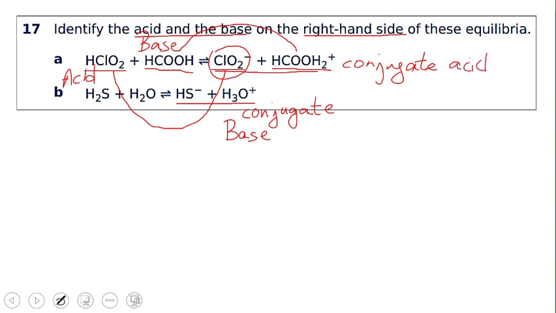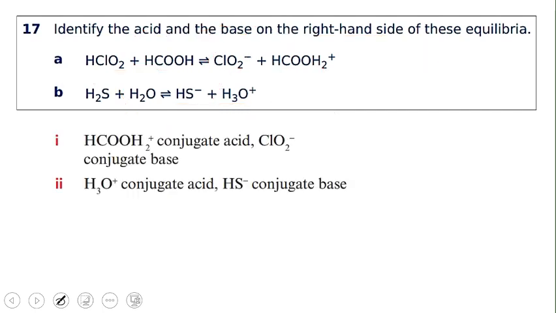So that's how we can easily identify the acid and base on the right side of the equation, and these will be known as conjugate acid and base. We can check only if we know which thing is behaving like an acid and base on the reactant side. Same way, we can check for the second equation as well. And here will be the solution. Here the HCOOH2+ is behaving like a conjugate acid and ClO2- is behaving like a conjugate base.